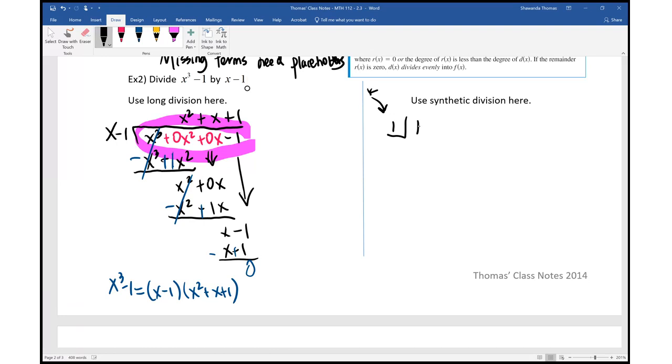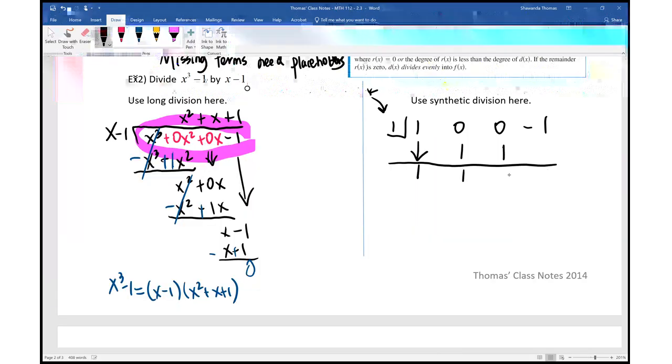That's 1, 0, 0, negative 1. All right, in synthetic division, you're always going to bring down the first number 1. You're going to multiply. You get 1. You're going to add. You get 1. You're going to multiply. You get 1. You're going to add. You get 1. You're going to multiply. You get 1. And you're going to add. You get 0. That last number represents the remainder.